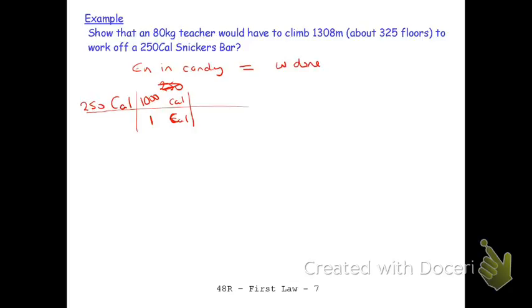Then I want to go from little calories to joules: 4.186 joules is equal to 1 calorie.